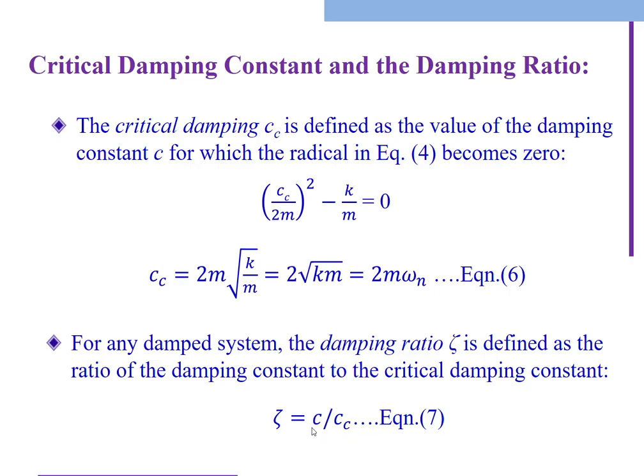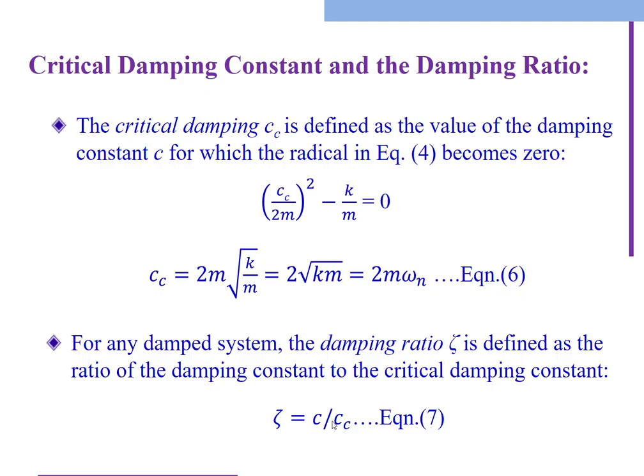This particular damping is sufficient to reduce the amplitude, whereas the structure will have the maximum cc, the critical damping, the maximum capacity of that particular structure. The ratio of these two we have taken as zeta, the damping ratio.